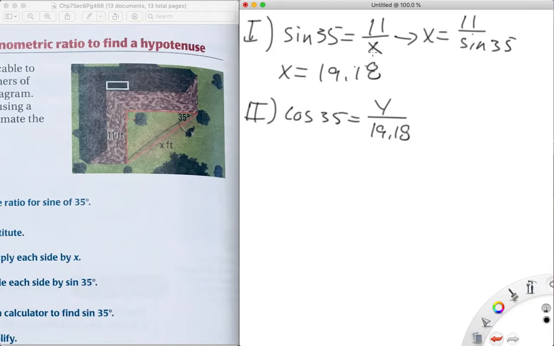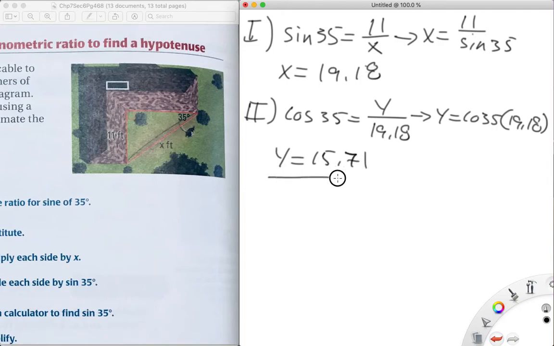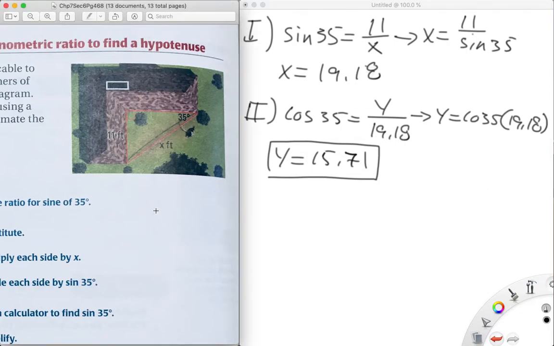So y is going to equal cosine of 35 times 19.18, which equals 15.71. Alright, first we find the hypotenuse using sine of 35, then we find the other leg using cosine of 35.